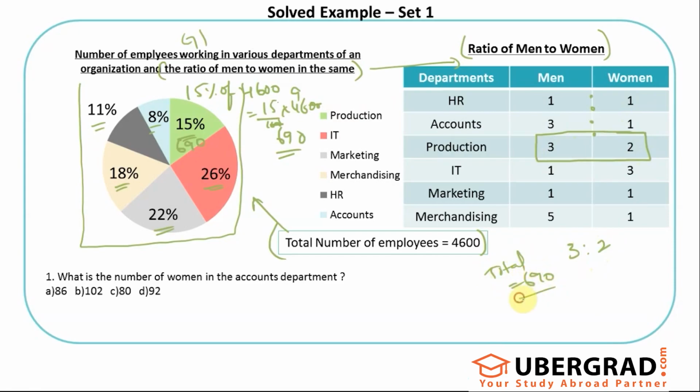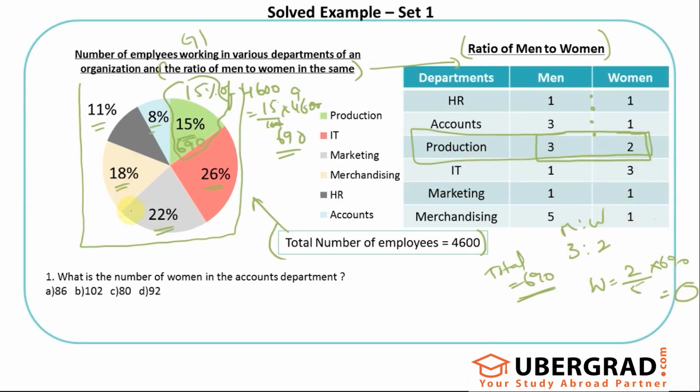How did I get this? I got this from this graph. How did I get the men to women ratio? That is from this table. Then it is asking me to find how many women. It will be 2 by 3 plus 2, so 2/5 of 690 will be giving me the number of women in the production team. That's how these two graphs are connected.